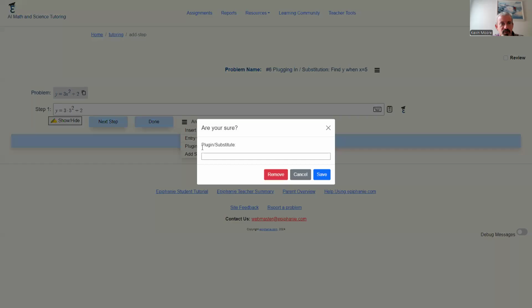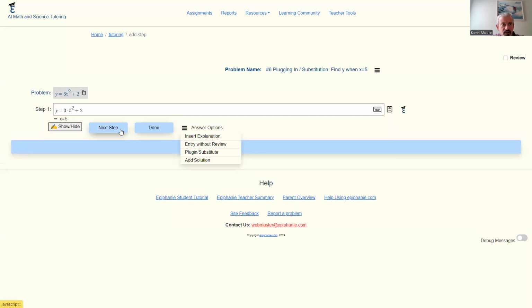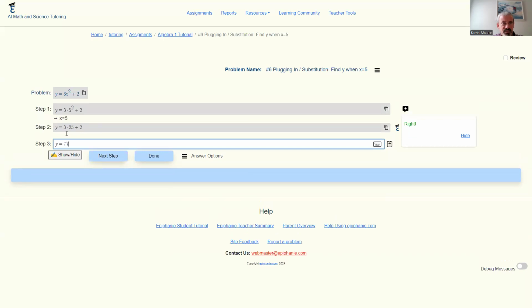So I'm going to say I'm going to plug in or substitute x equals 5. And now, let's try this again. And now it understands. I was trying to replace x with 5 rather than say that these two expressions were equal to each other. And I can finish this up. y equals 3 times 25 plus 2. And y equals 77, and we're done.